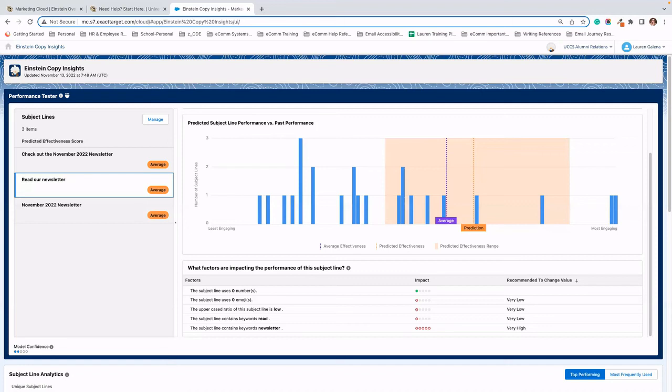But even when we're looking at "read our newsletter" versus "check out the November 2022 newsletter," it's still above the average, and within the predicted range. So it's not that they're terrible, even with all these negative impacts. I think the big concern would be if your prediction is falling way out of this effectiveness range, out of the orange box. Great, thank you.